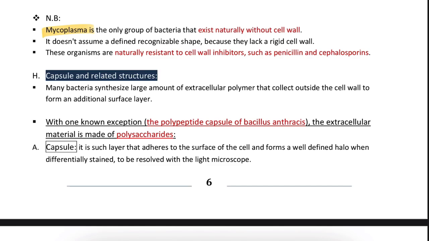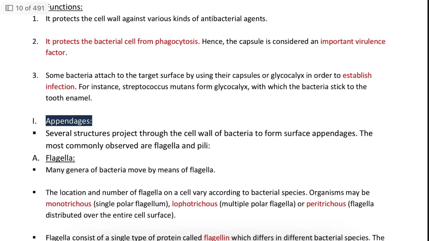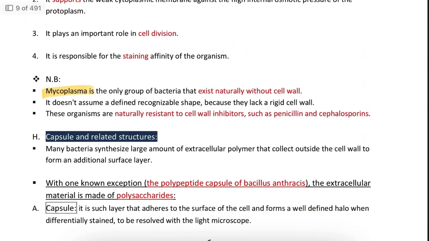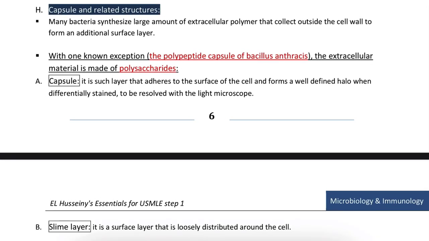So next we are going to discuss, we are continuing with capsule and related structures. Here, what is the capsule?